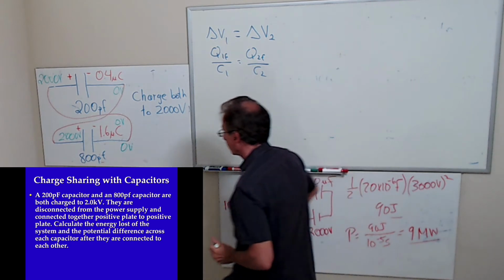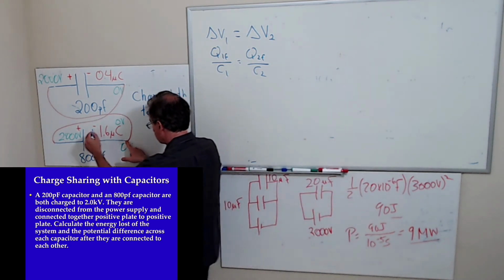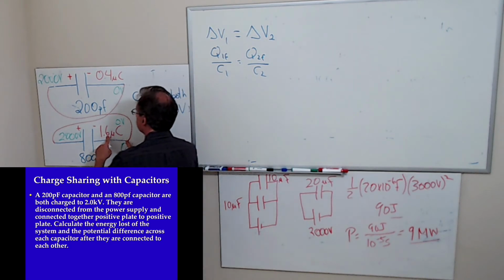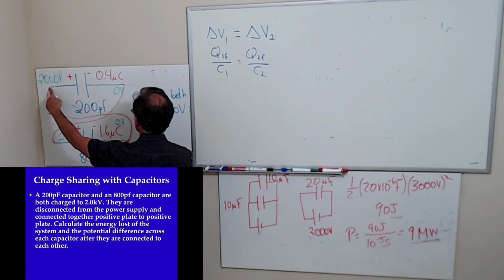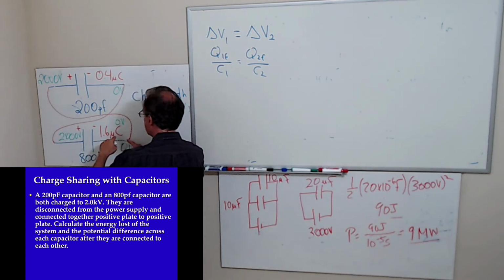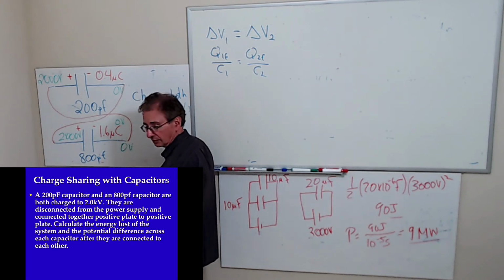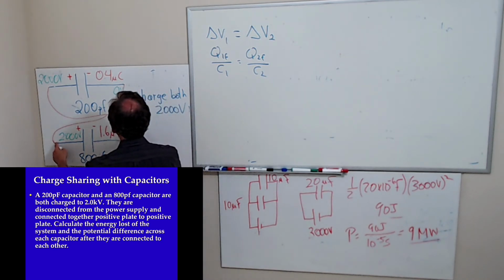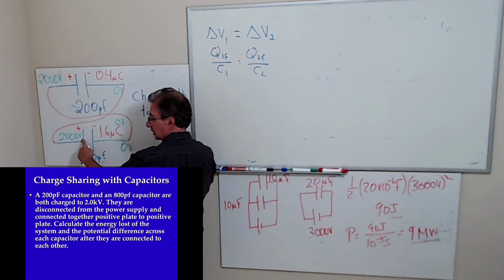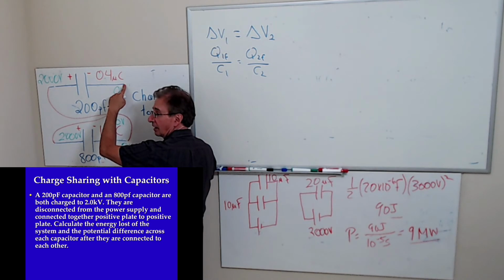So what that means is this plate has negative 1.6 microcoulombs, and this plate has plus 0.4 microcoulombs. So the total charge I have is negative 1.2. When this plate is connected to this plate, initially I had plus 1.6 microcoulombs here and minus 0.4 microcoulombs.